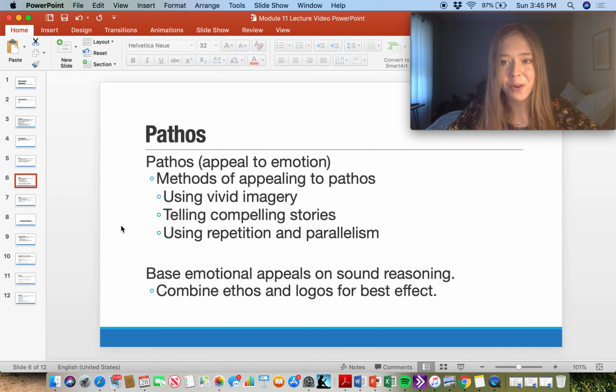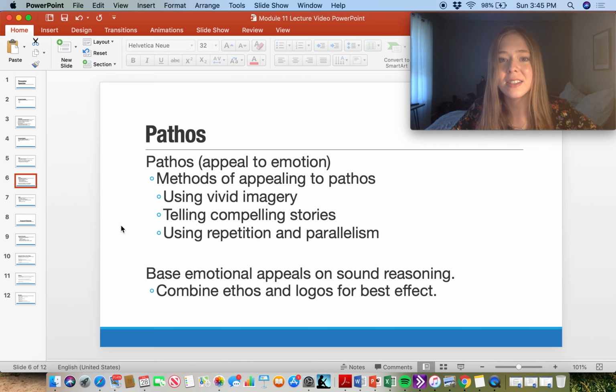Next is pathos, of course, the appeal to emotion. And a really great way to appeal to emotion always is to paint us a picture of something, maybe really devastating or really heartwarming. That's a way to tug at the audience's heartstrings, is to use that language to paint us a picture and use narratives and tell compelling stories.